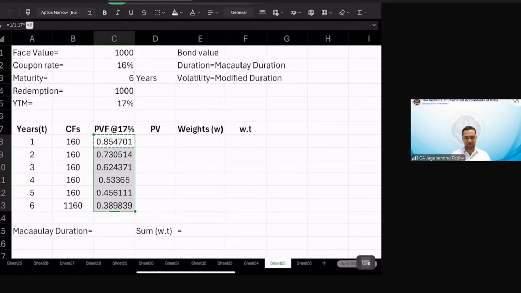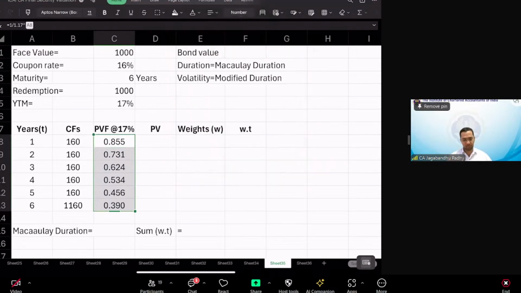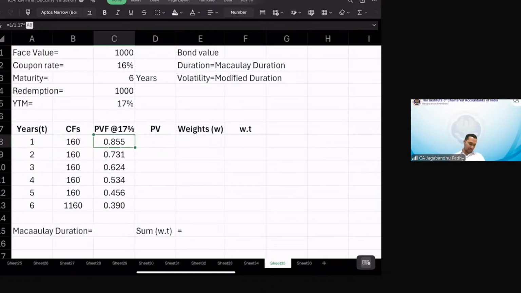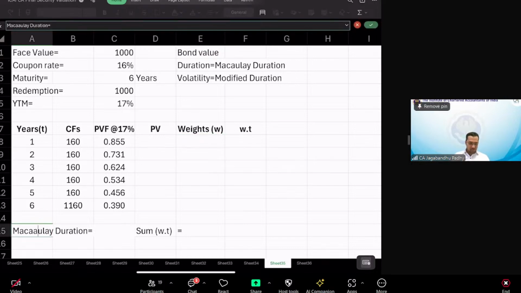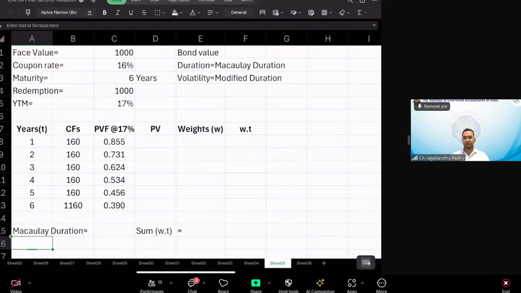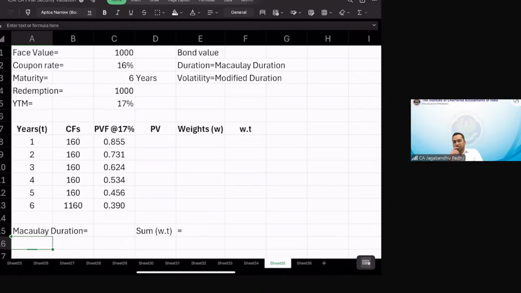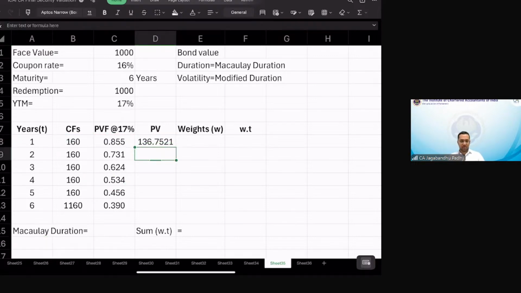For the ease of calculation, you can take these PV factors. You can just take the PV factors, multiply the cash flows with the PV factors, get the PV, calculate the weights, and then get the Macaulay duration. Cash flow, multiply the PV factor.